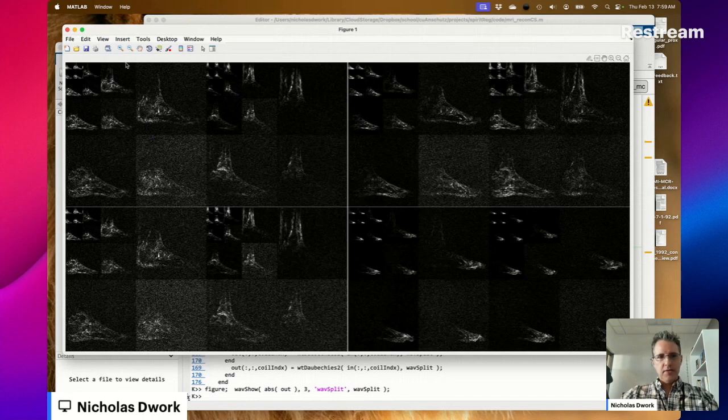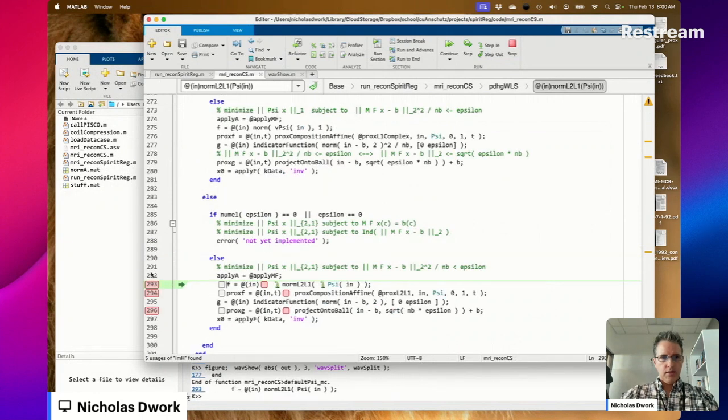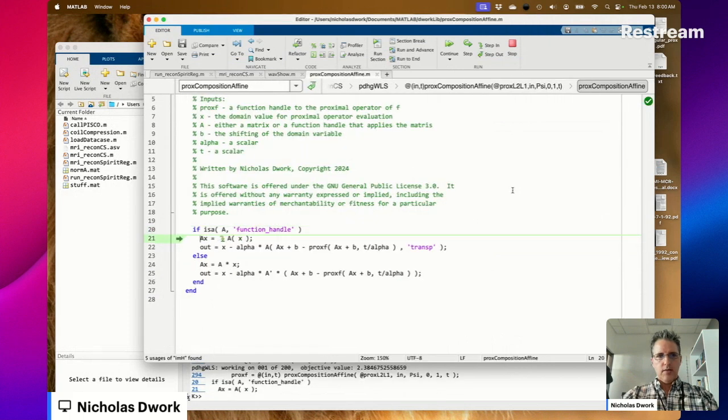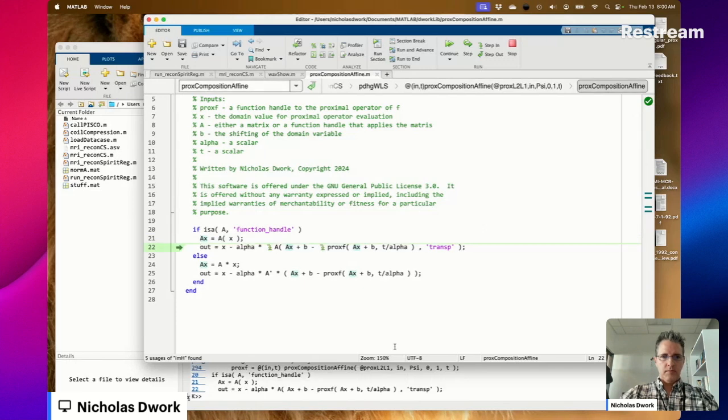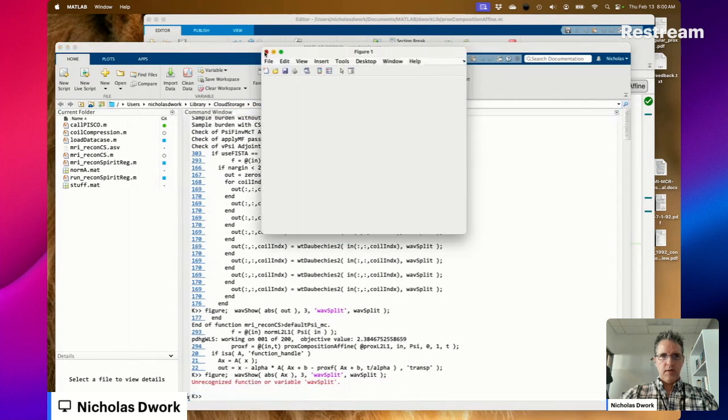That's a wavelet transform, isn't it? Okay. That one seems to be operating on the right thing. In here is 256 by 256 by 8. Wave split.